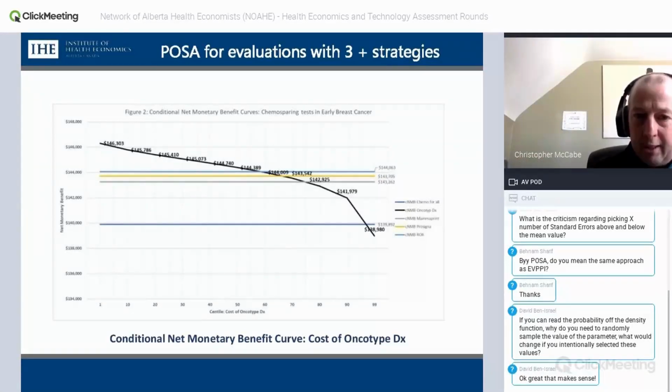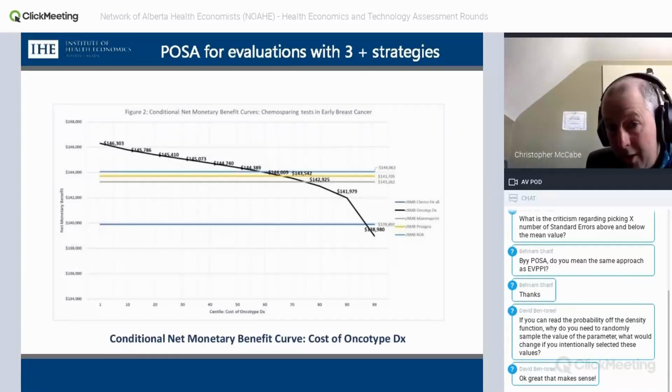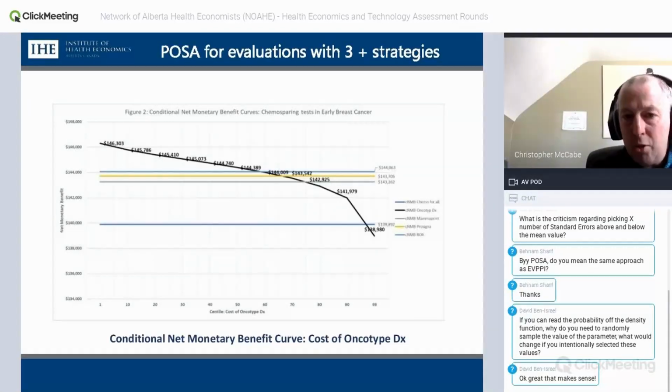And what's useful here is we can see that actually only two of the technologies are ever the best value. So we can remove the other technologies. Oncotype DX is the best value for just about the majority of the range of possible values.